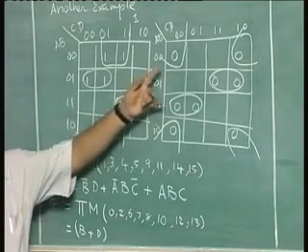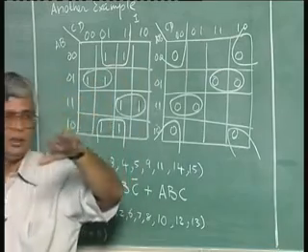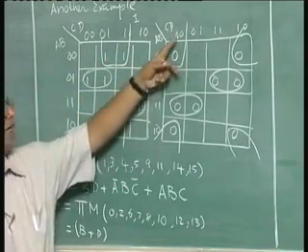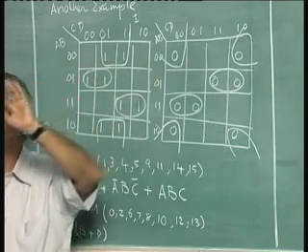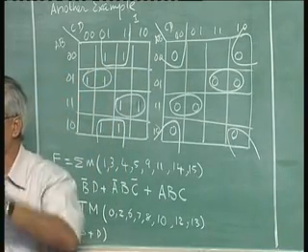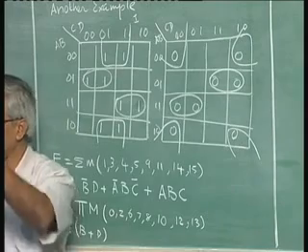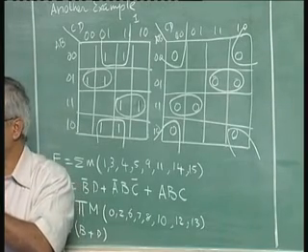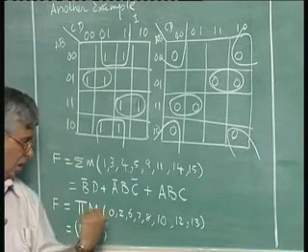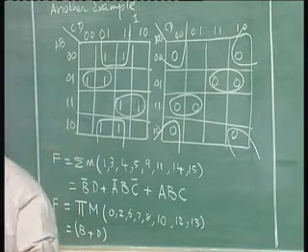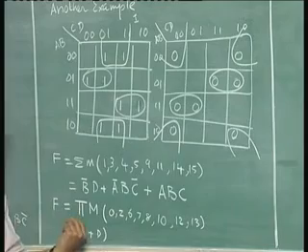You look at these 4 as you would do F1. The only difference is this will be read as B, D if you are grouping ones. When you are grouping zeros, B will be read as B bar, D will be read as D bar, and AND will be read as an OR. So instead of B bar and D bar, I will read it as B or D.